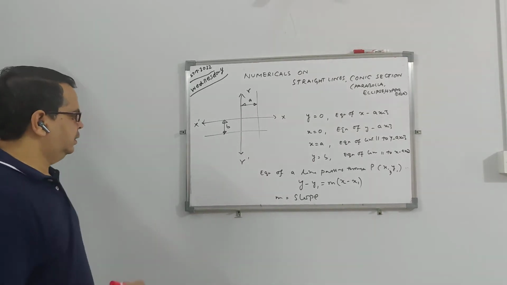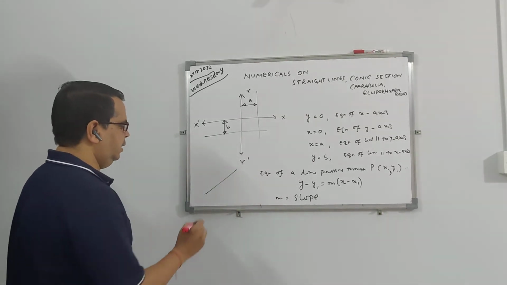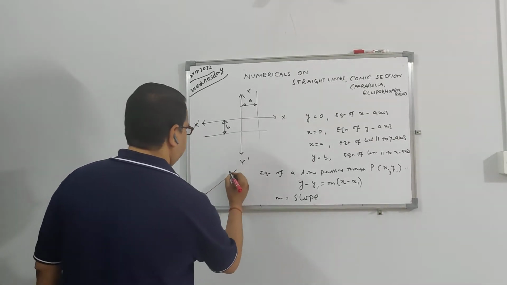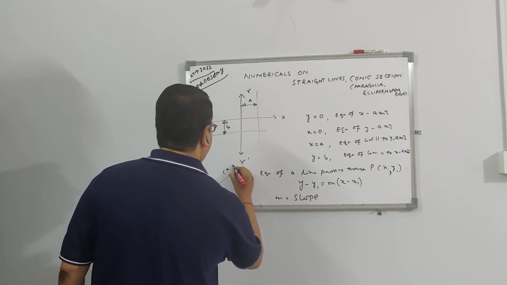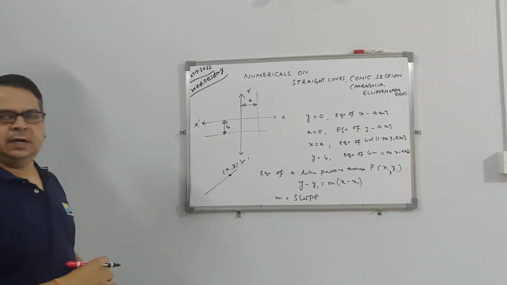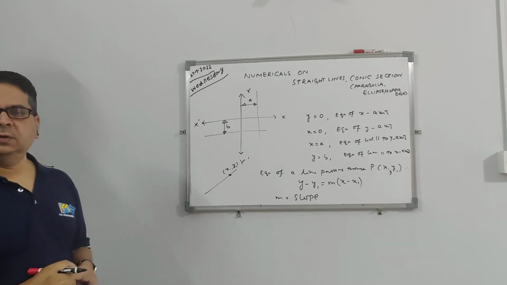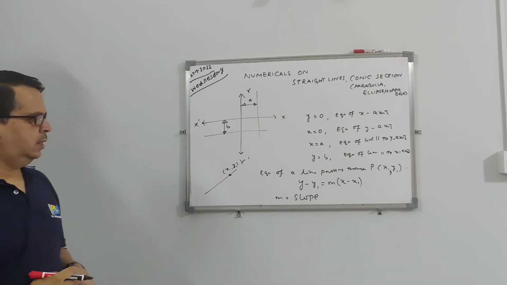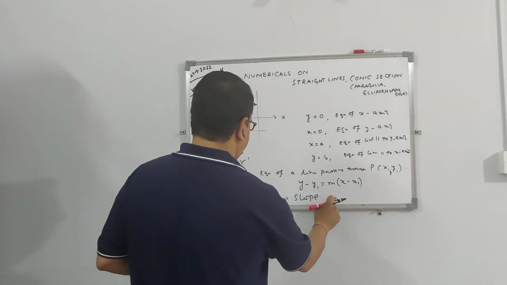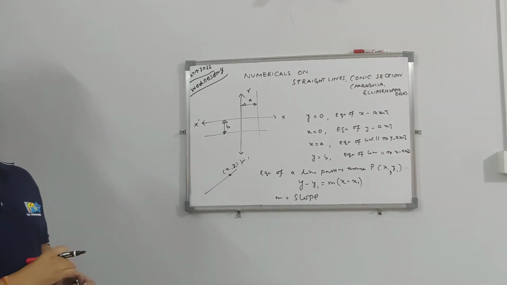Let us say this is your line and this is the point x1 y1. To write the equation of this line, you need to know the slope of this line also. So m is your slope. This is the 1 point form.